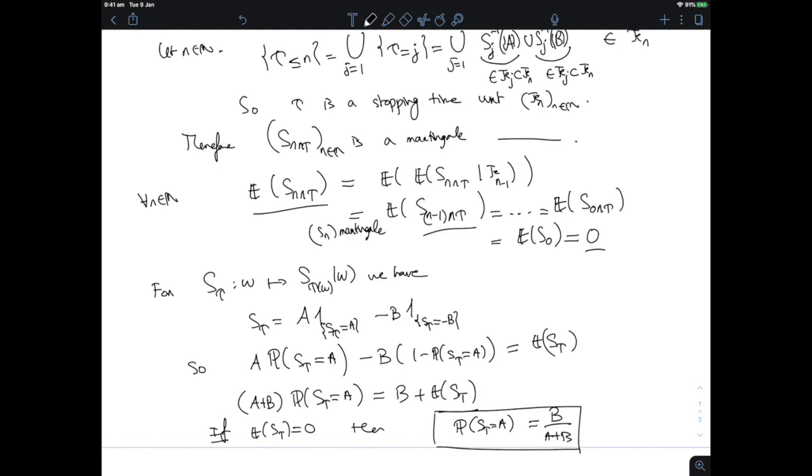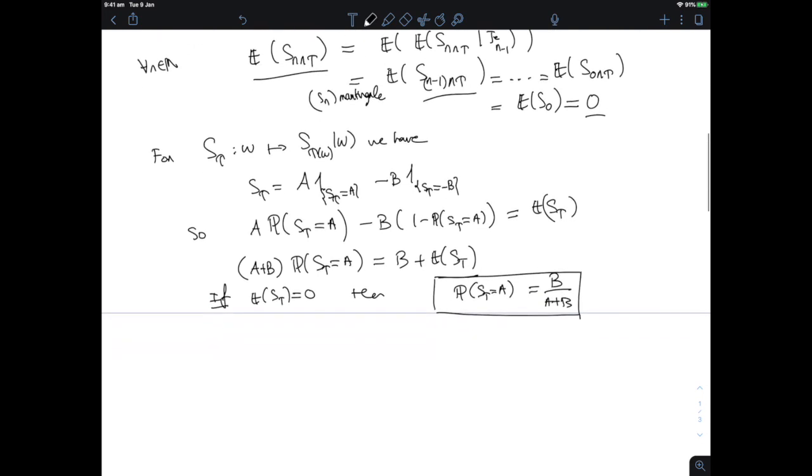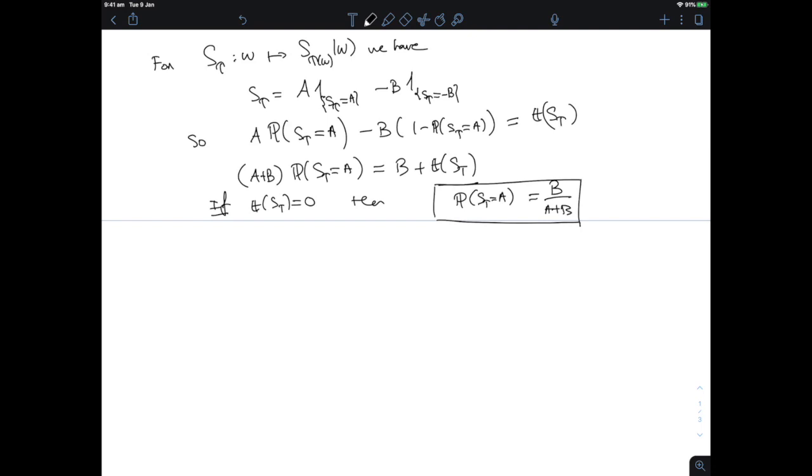That's also very reasonable. And the closer B is to 0, the smaller this probability gets. That also makes sense because I'm starting at 0. So if A is very far away from me and B is very close to me, then I'm much more likely to exit through minus B. So that looks right, and that's a very neat formula for computing the probability of exiting through one side of the interval rather than the other.